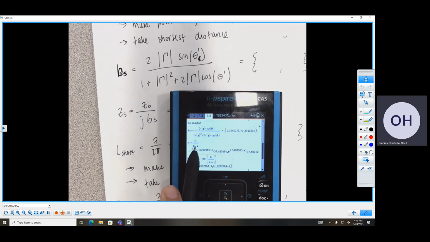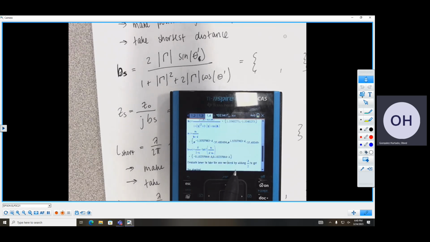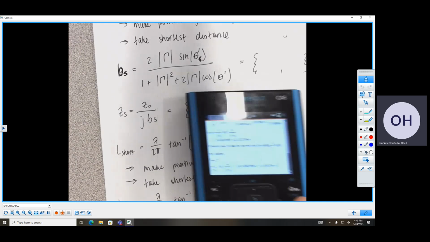BS, ZS, there's L short, and then L open. And this is all through notes, and then just math boxes. So whether we ask for the length of a short or an open, the middle math doesn't change, right? Only the very end. It's all at the end.